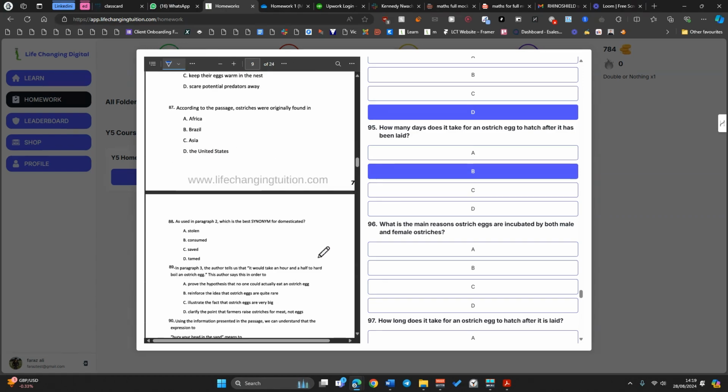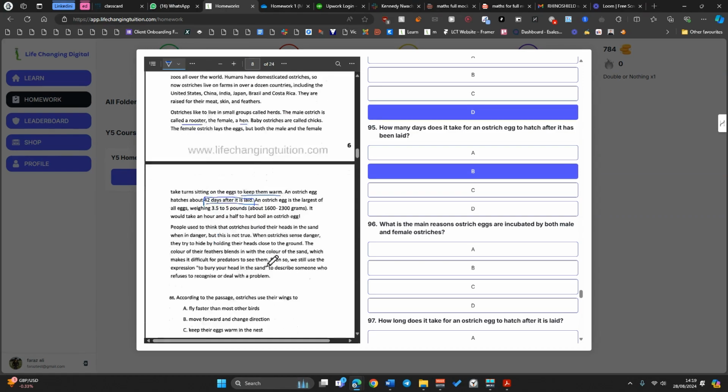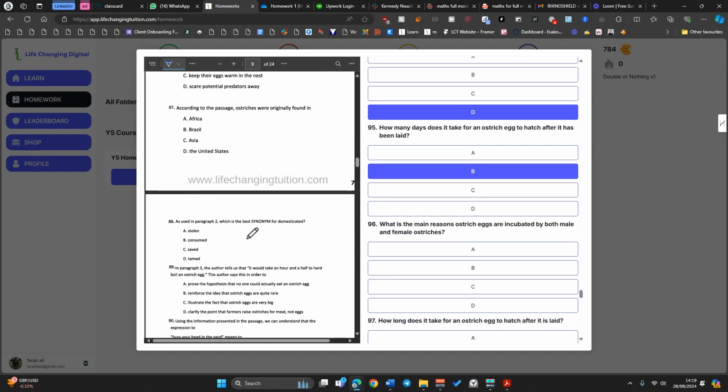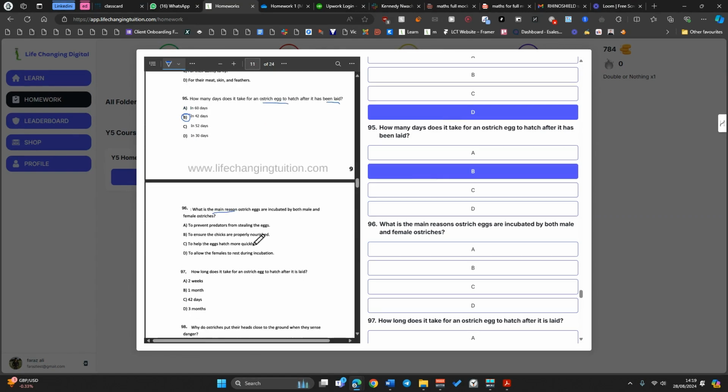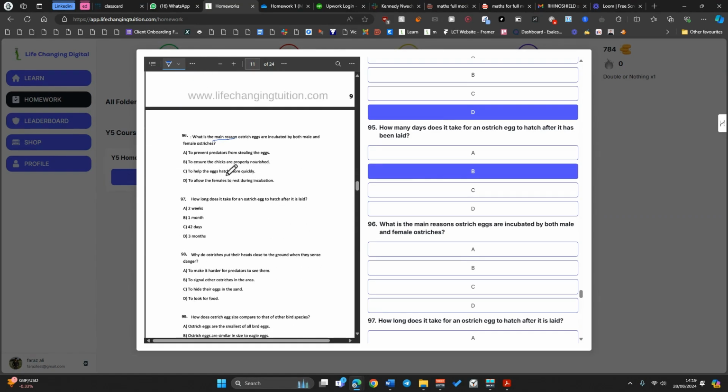I would assume the reason why they both have to spend time on it is because if a female had to spend all 42 days on it, it would be quite tough. So they're definitely incubating it to make it hatch, I believe. But why are they both doing it?